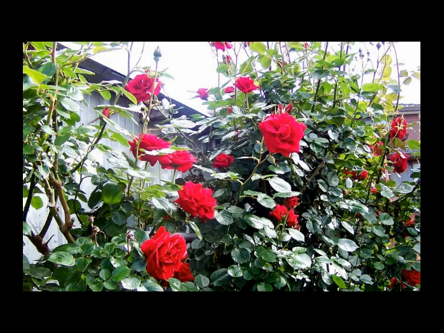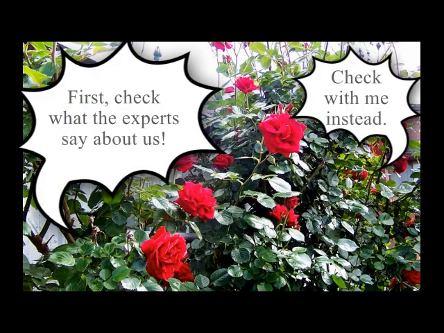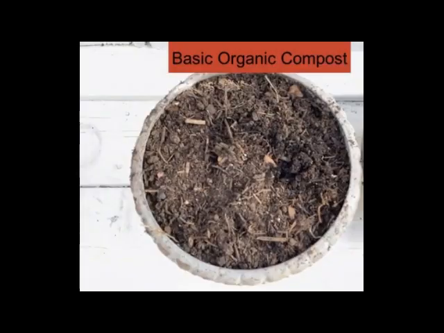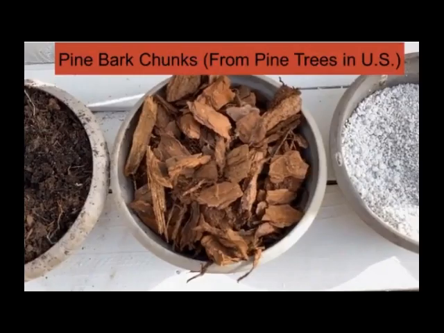So now is the big question for our roses. What soil should I have? So here is the experts' advice. This is not from me, it's not from the roses, but it is from the experts. They say that you should have basic organic compost. You should have pine bark chunks.